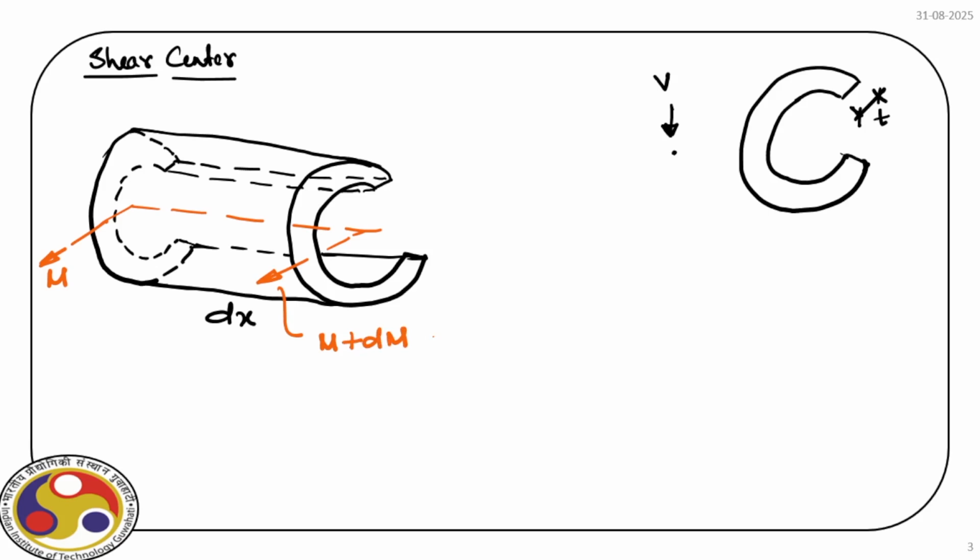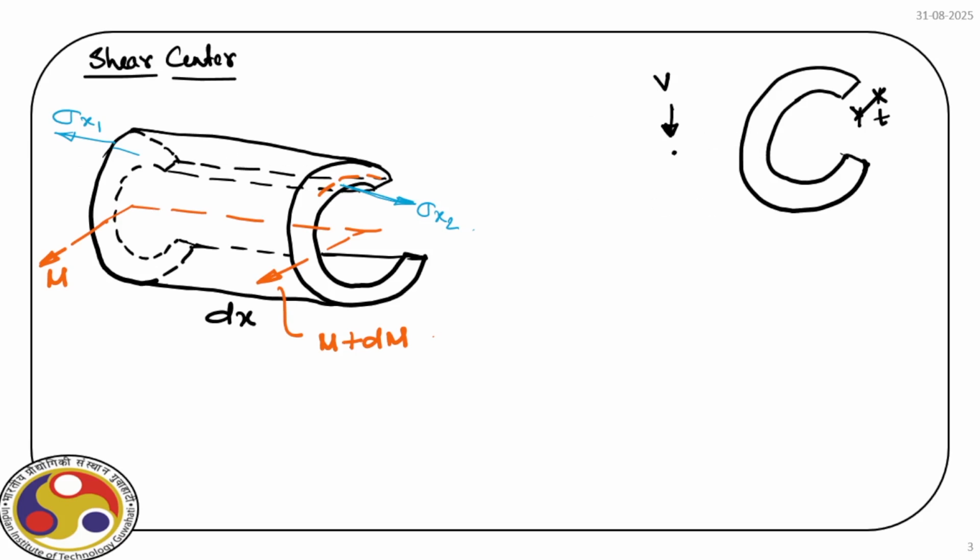Okay. Now obviously because of that, at the section level it will develop shear stress, because this bending will cause unbalanced force, which will be balanced by the shear stress developed at the section.